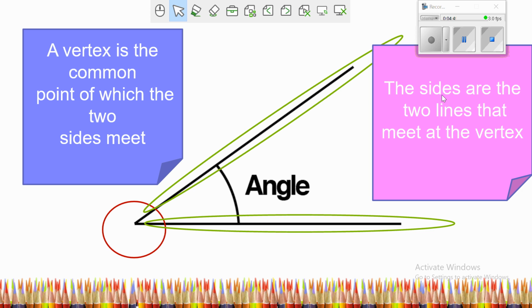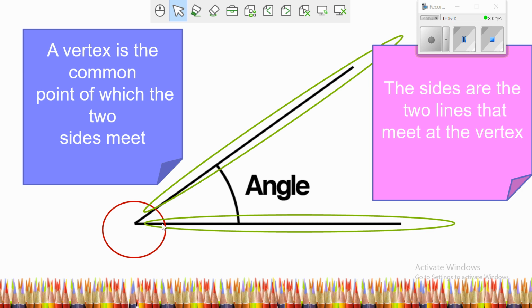Now, what is the meaning of a side? The sides are the two lines that meet at the vertex. Again, what is a vertex?